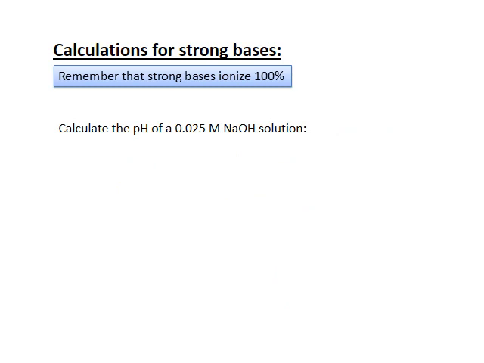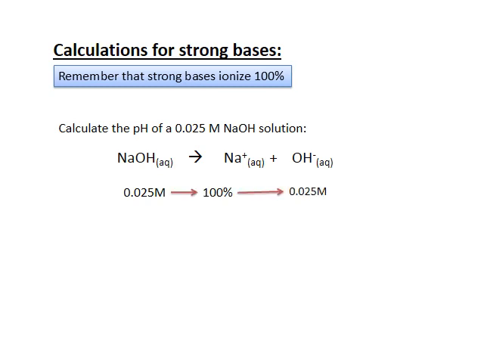For bases, it works kind of the same, but you have to be on your toes. I know that these ionize 100%, so if I had a 0.025 mole per liter sodium hydroxide solution, it ionizes 100% to produce 0.025 moles per liter of hydroxide.